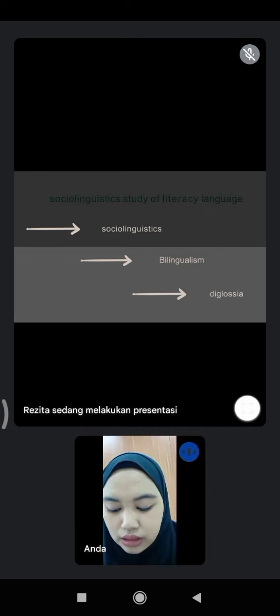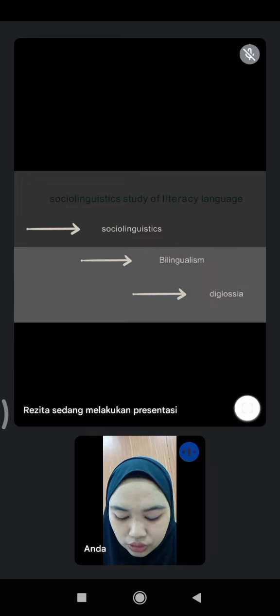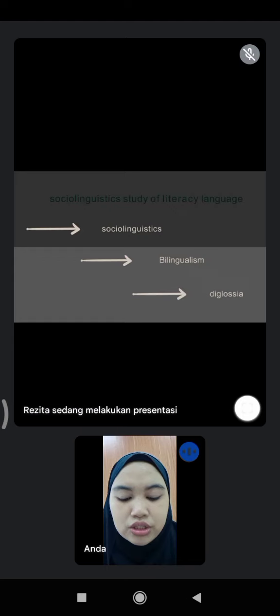Bilingualism is the ability of an individual or the members of a community to use two languages effectively. For example, the Canadian society, which acknowledges and uses French and English, assigns functions to the languages. It uses both French and English as official languages and languages of interaction.